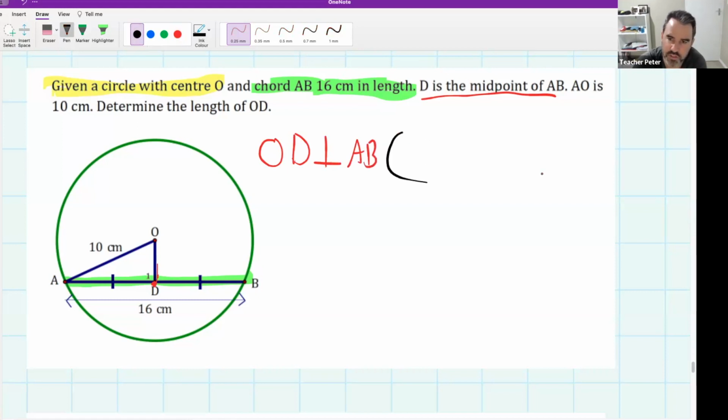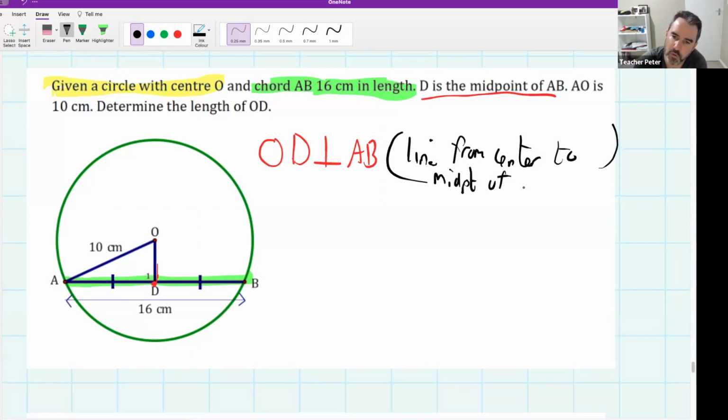And we will use the theorem which says line from center to midpoint of chord. And then we know we've proved that this is at 90 degrees.